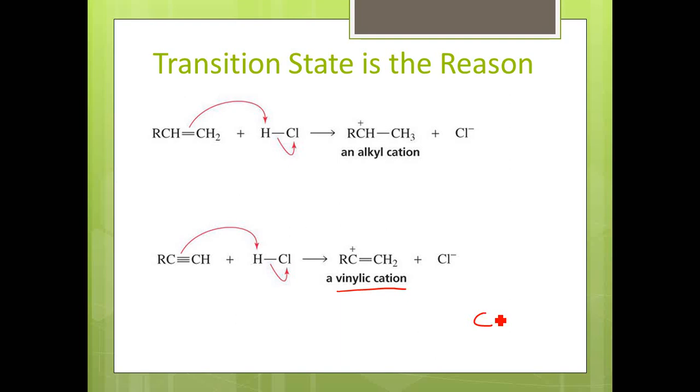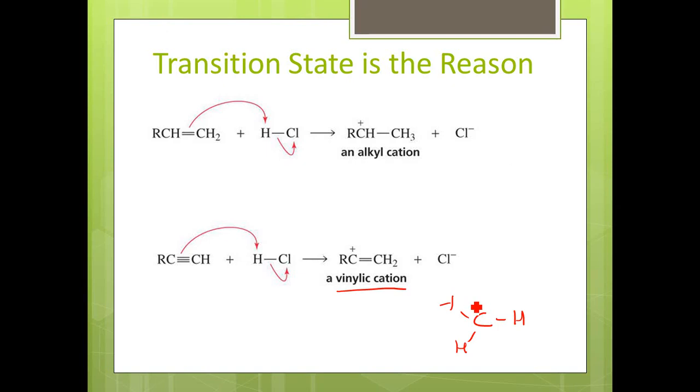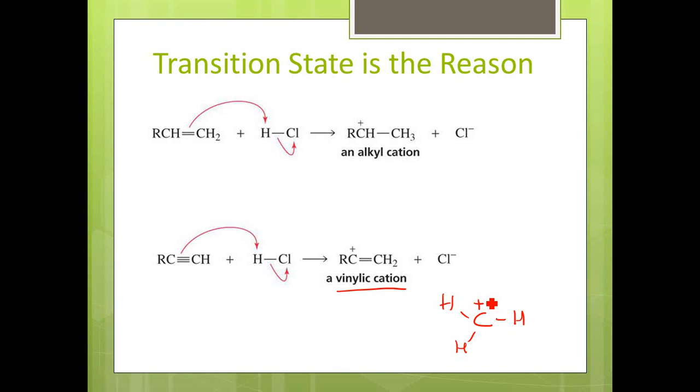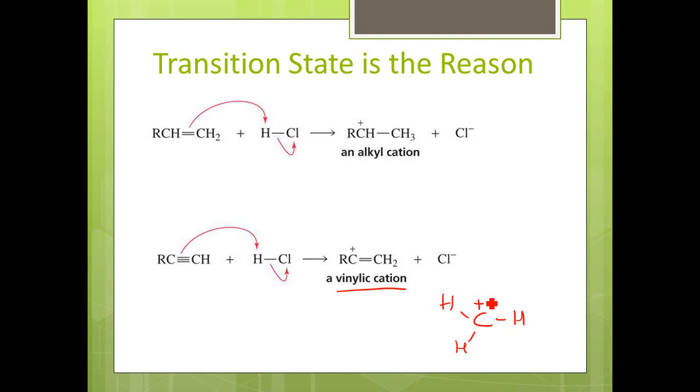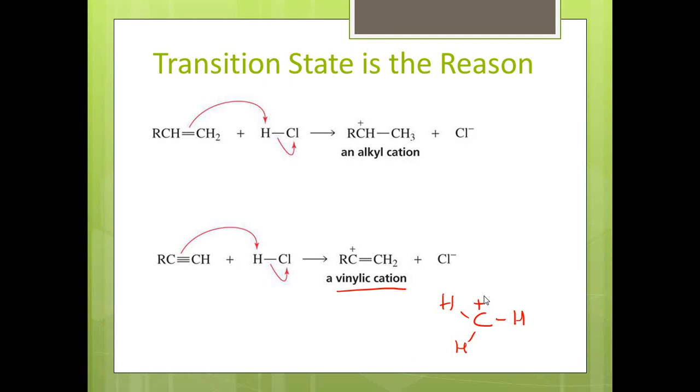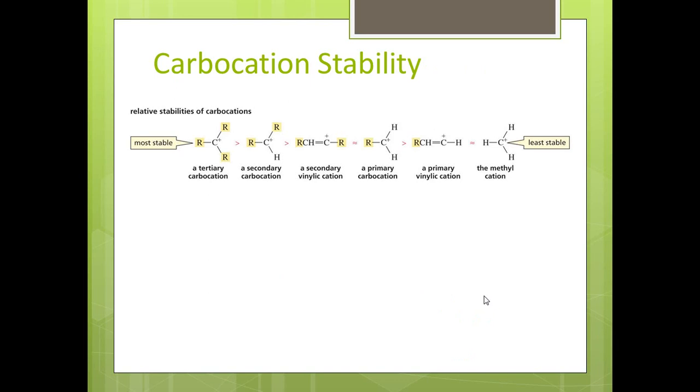As a matter of fact, the vinylic cation is very, very unstable. It's almost as unstable as a primary one, or a methyl cation. Remember how that was so unstable, we pretty much say it doesn't do much. The vinyl cation is about the same problem.